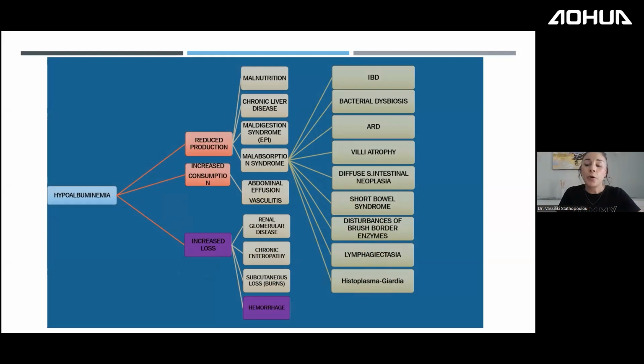And when we approach hypoalbuminemia, there are three things that we always have to remember: reduced production, increased consumption, or increased loss. There's no other way. So you either have a protein-losing enteropathy, or a protein-losing nephropathy, or they're not synthesized in the liver, or you have an increased loss due to hemorrhage, for example.